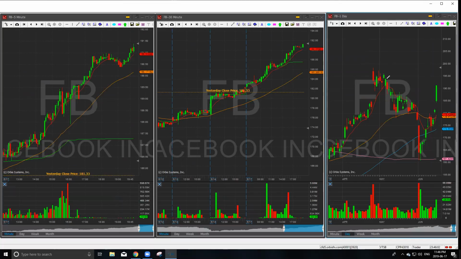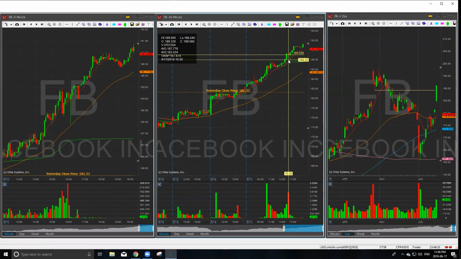What I'm looking at right now, if I'm going to identify some support areas right here, we were trading at the high of this range here, and the stock did break past it. So this is the 189 area. Okay, 189. Let's mark it off right about here.